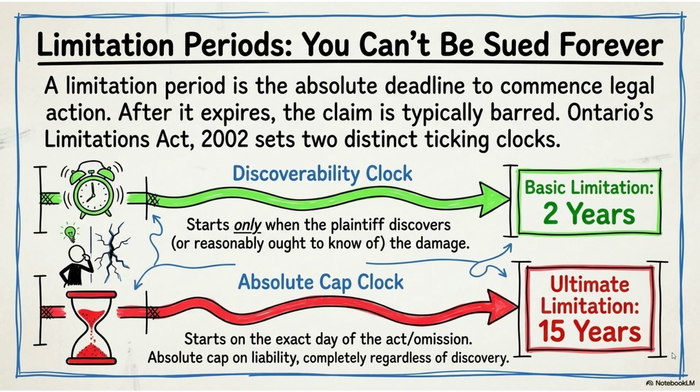Second is ultimate limitation, 15 years, from the day the act was conducted by the defendant. So the engineer created a design and that design has an error. After 15 years, it was discovered. Well, that's too late.